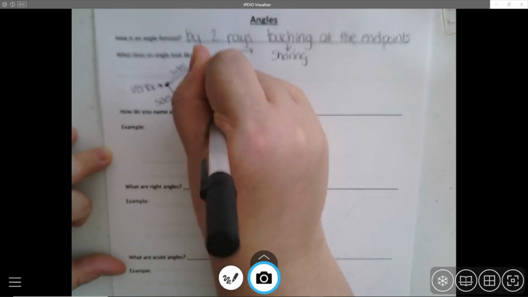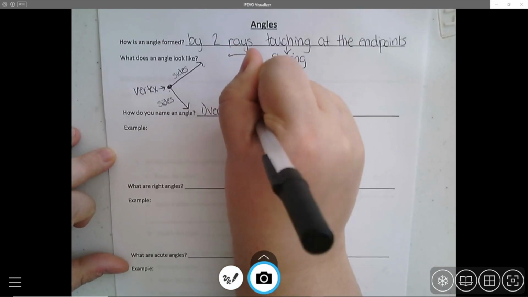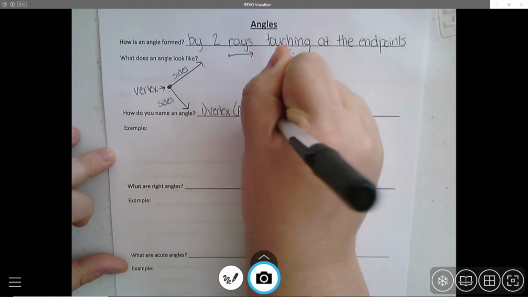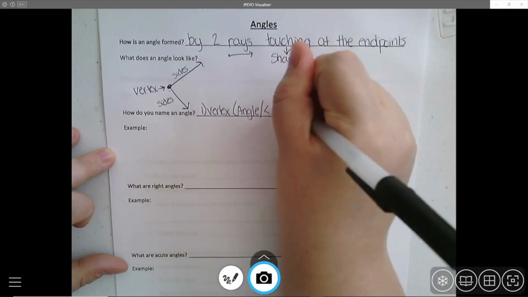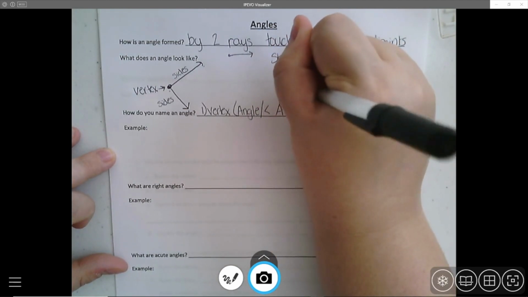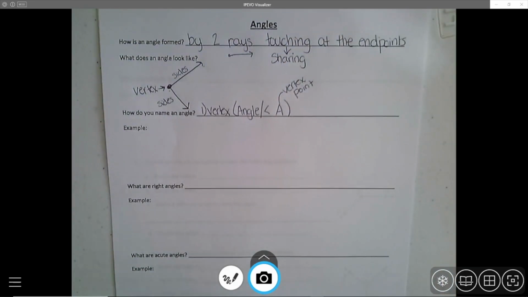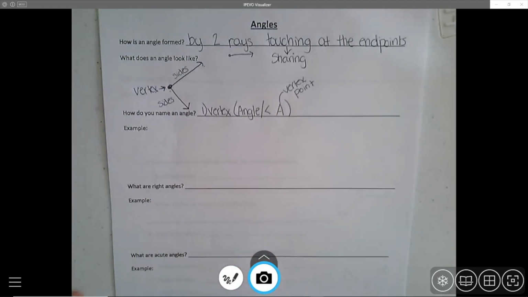One way is to name it by its vertex. So it will look something like the word angle, or you could have a symbol of the angle, then with the capital letter, this is going to be the vertex point. It's not always going to be an A, it's going to be whatever that vertex point is. There will be a letter here at the vertex, and that's what gets substituted in there.